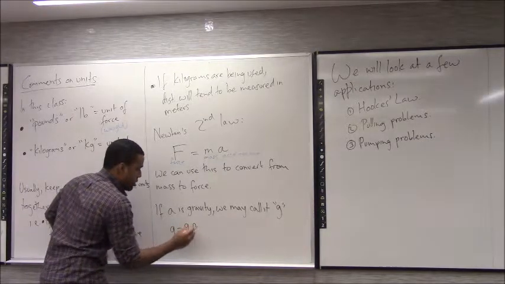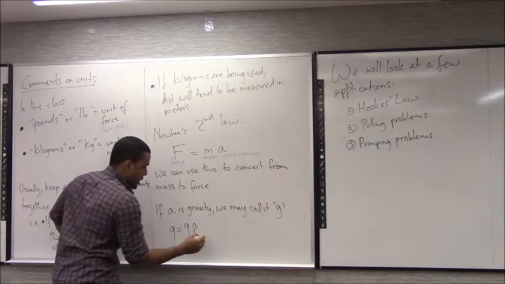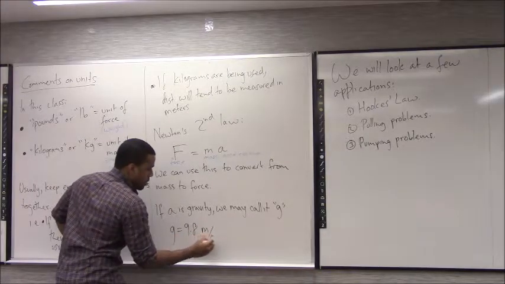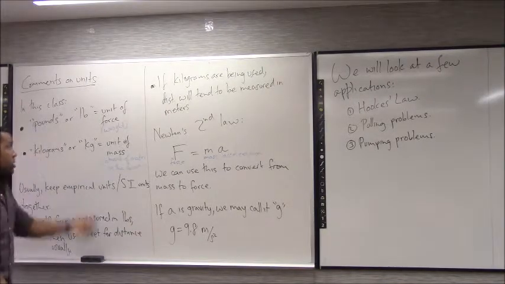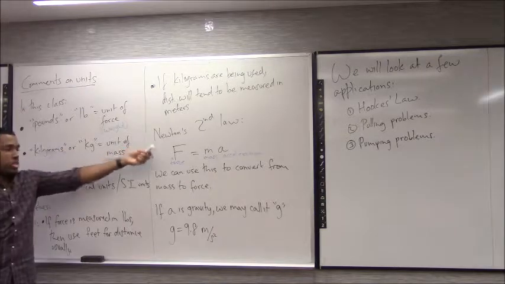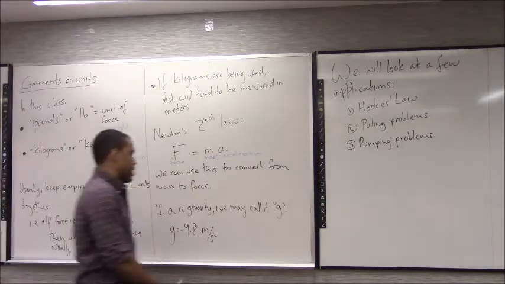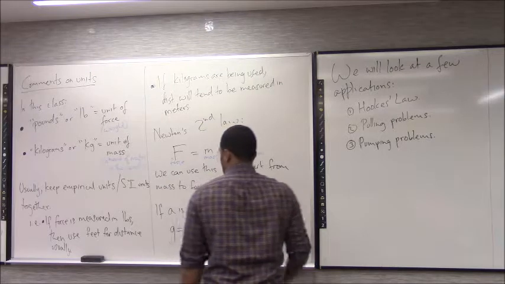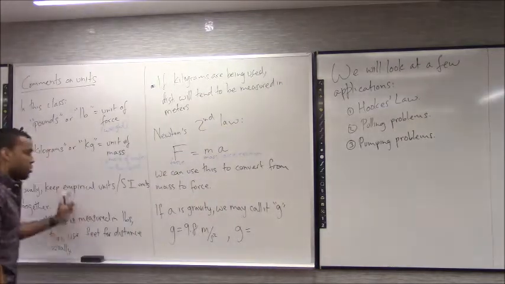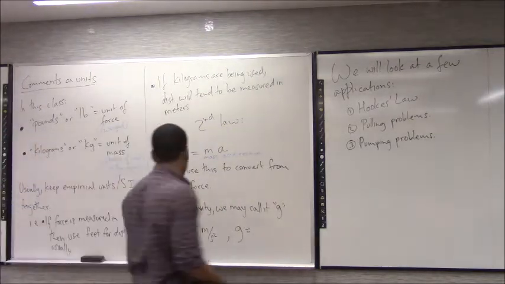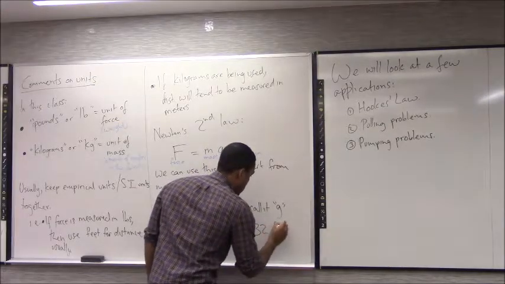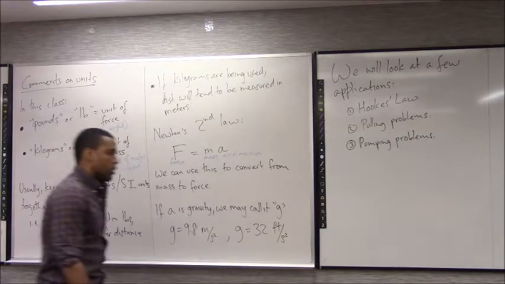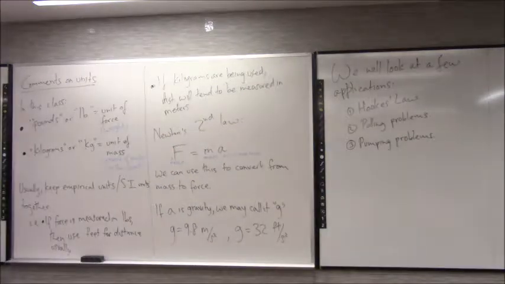It's 9.81 something, but we'll take it as 9.8 meters per second squared. So that's if you're using the SI units and your distance is in meters, your gravity will be 9.8. So if you're given something in kilograms and you want to convert it to force, you have to multiply it by 9.8, is the basic idea. You can also, if it's somehow needed in the empirical sense, which it usually won't because this will already be a force, it's going to be 32 feet per second squared. So these are just some known quantities at this point.